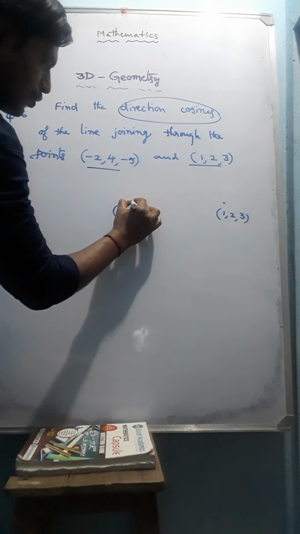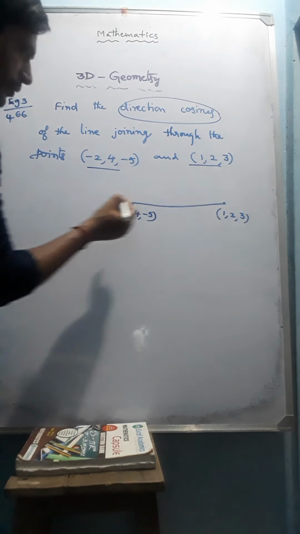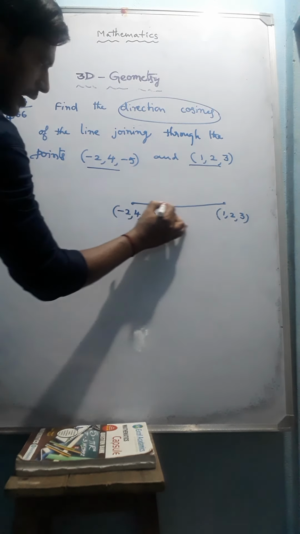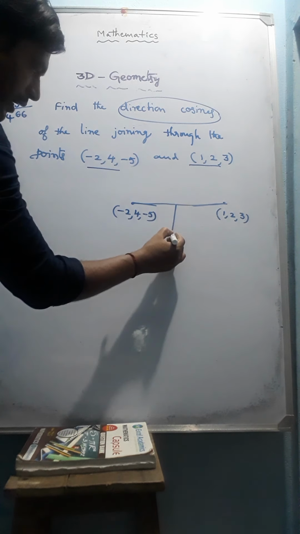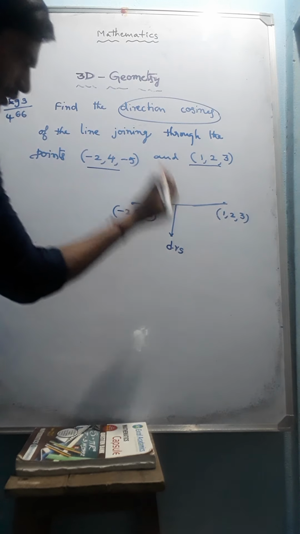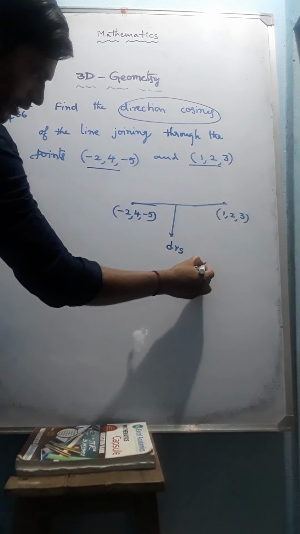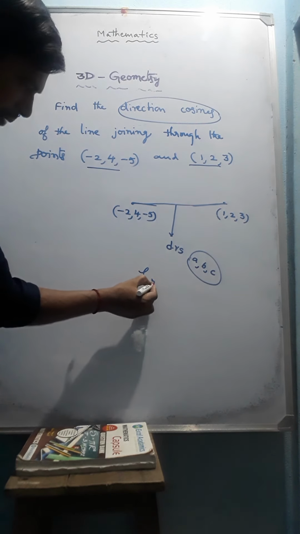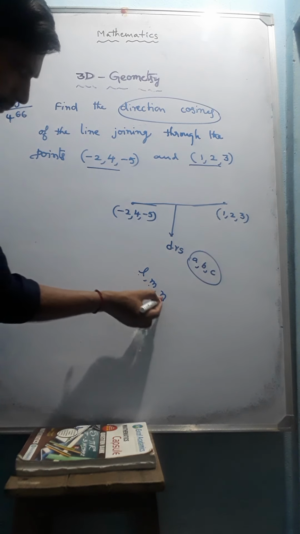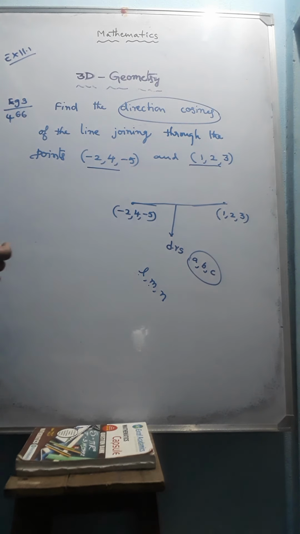If you join these 2 points, you will get a line. So this line, if you find out direction ratios, that means small a, small b, small c, then by the help of small a, small b, small c, you will find out l, m, n. l, m, n means direction cosines. Okay, so first you should find out direction ratios, that means a, b, c.